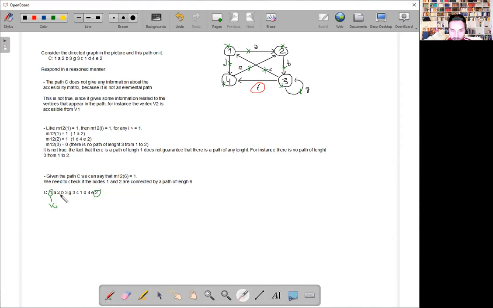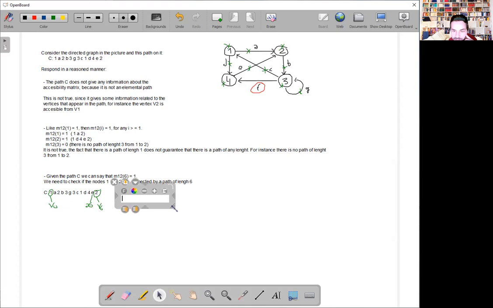And we have 1, 2, 3, 4, 5, 6, right? So this is B6. And this is the link 6 also, E6, A6. So yes, the answer is yes, they are connected by a path of length 6 because C is indeed a path of length 6.